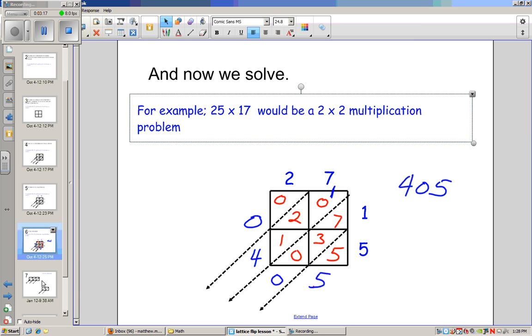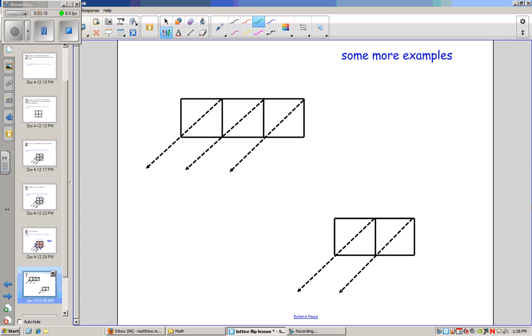If we were to go on with some other examples of lattice, if I had 5 times 243, I would write the 243 across the top. I would have a 1 by 3 box now, and then the 5 would go along the side here. Then I could multiply: 5 times 3 is 15, 5 times 4 is 20, 5 times 2 would be 10.